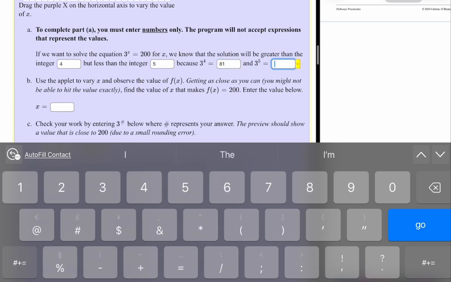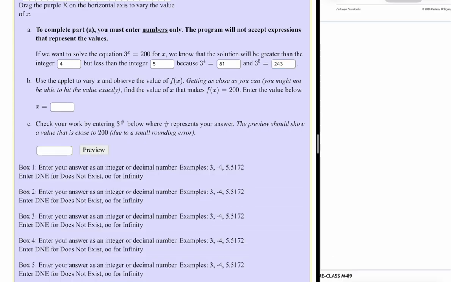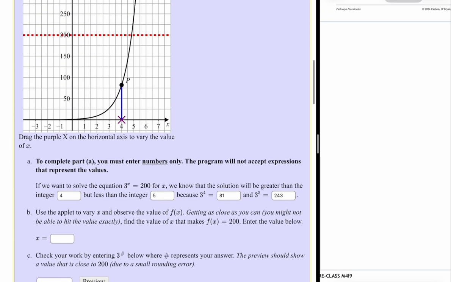So see how 200 is smack dab in the middle of those values. Your number that's sitting right there, you'll see that our 3 to the x is between 3 to the 4th and 3 to the 5th. Okay, so that makes sense and that should work.